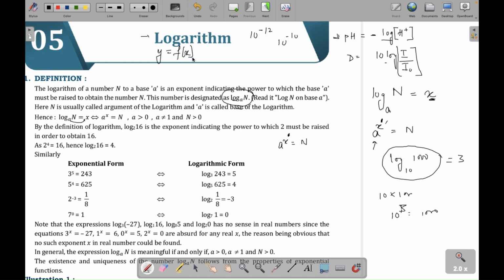So there are only specific values. For example, if y is 1 upon 1 minus x, there are certain values, so you cannot write x can be anything or any real number. There are certain values for which you'll not be able to solve this, so you have to exclude that.